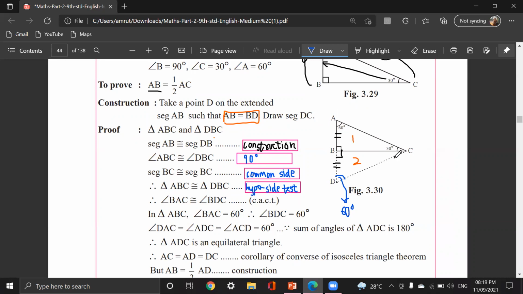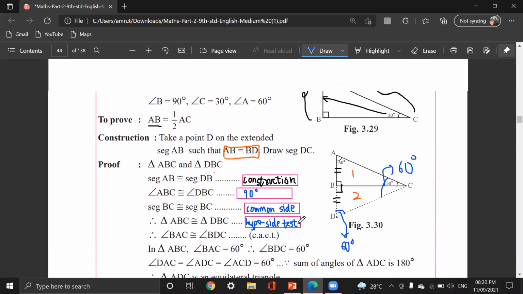The sum of angles of the whole triangle is 180 degree. So if this is 60 and this is 60, the third angle will also be 60 degree. Here also the whole angle will be 60 degree. So you can see now, adding them all gives 180 degree. Okay, so this will also be 60 degree. So therefore, angle BDC is equal to 60. So why?